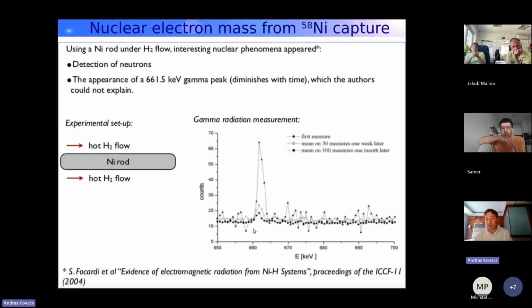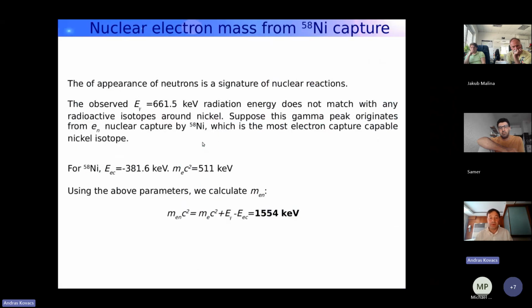Its half-life doesn't match any known isotope at this energy. So let's consider whether this is the signature of nuclear electron capture with the nickel-58 isotope. We apply the formula I explained before. We know the released gamma energy, we know the electron capture energy for nickel-58, and what we get is 1554 kiloelectron volts. So with this hypothesis, the nuclear electron mass is exactly this value.